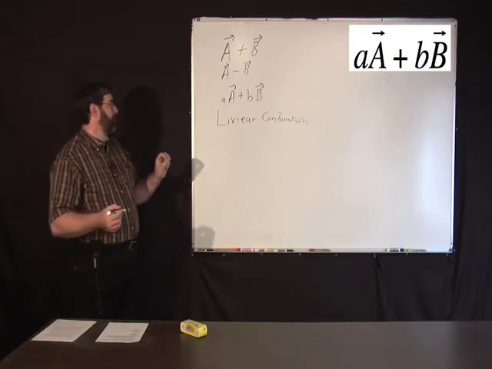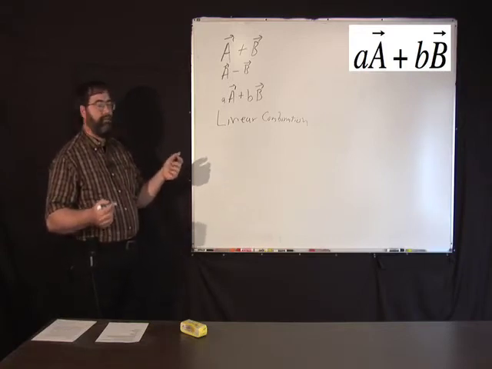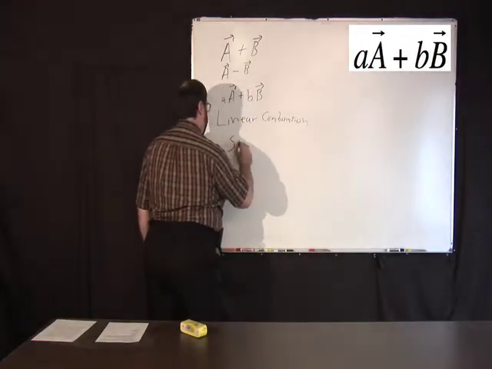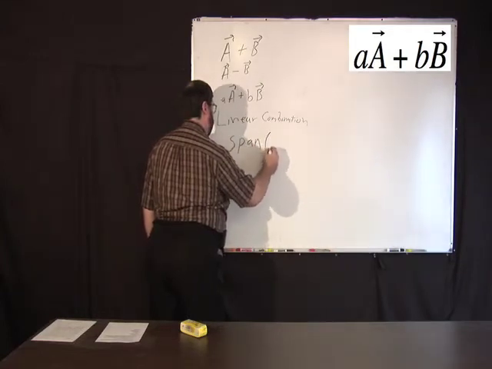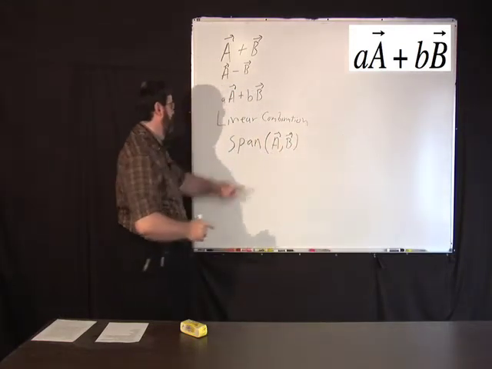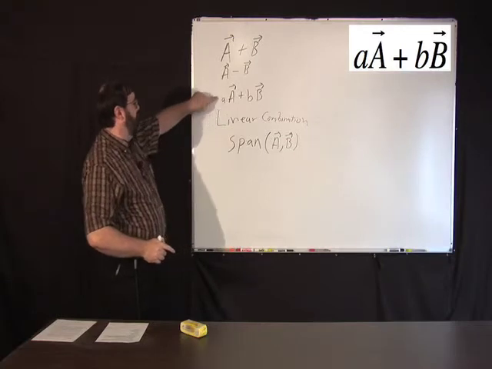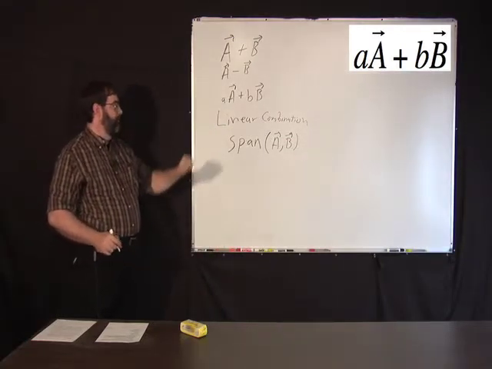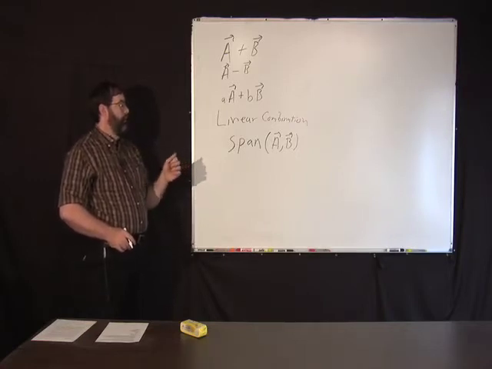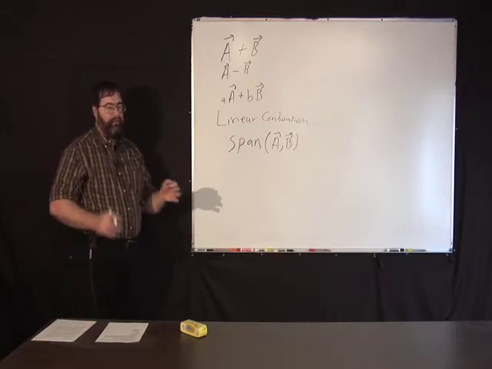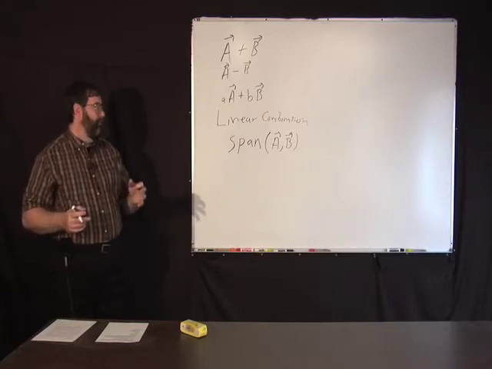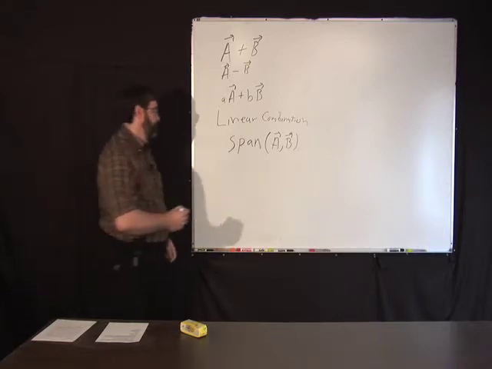The total, all possible linear combinations of 2, 3, 4, however many vectors, is called the span of those vectors. So the span of A and B for two vectors is all possible combinations of this form of those two vectors. If the span covers the whole space you're interested in, those vectors are said to form a basis for the space.